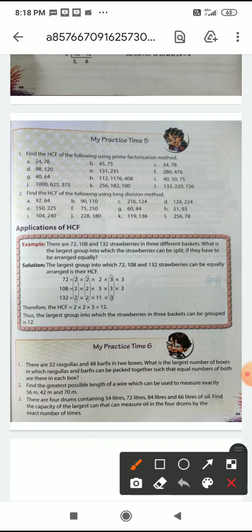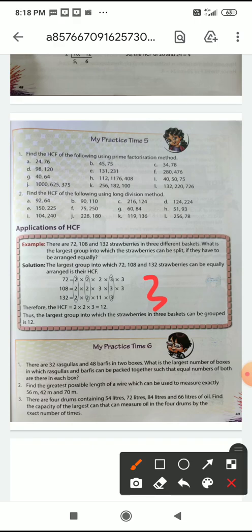So what is the solution? The greatest group into which 72, 108 and 132 strawberries can be equally arranged is their HCF. So we find out their HCF.